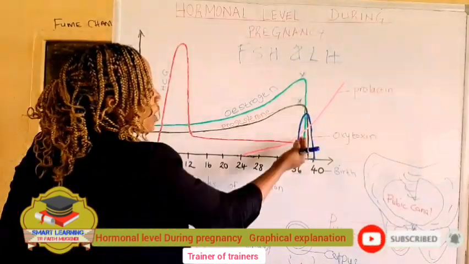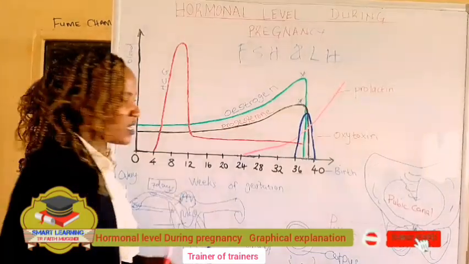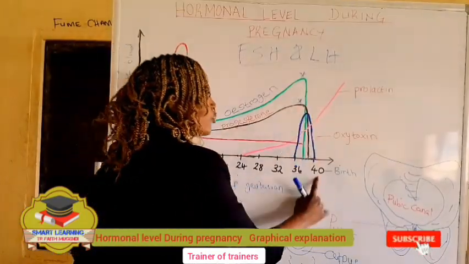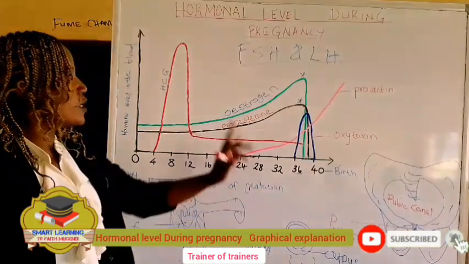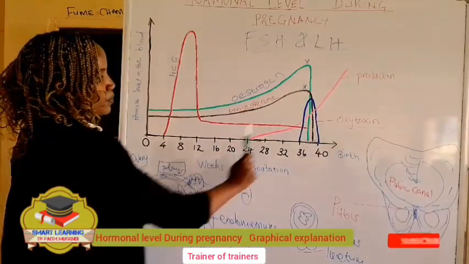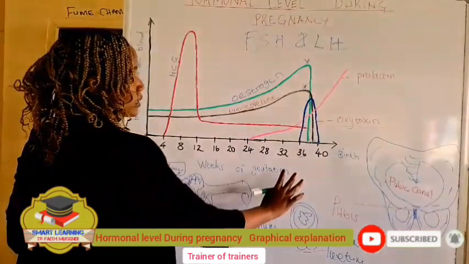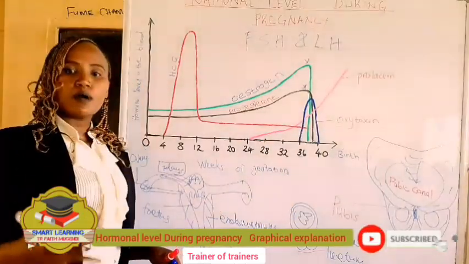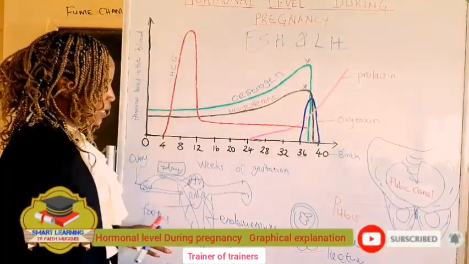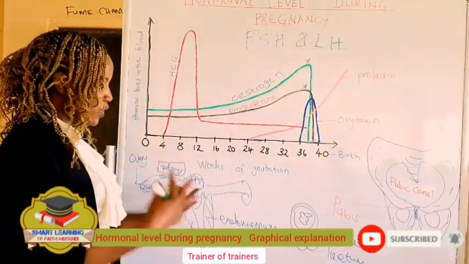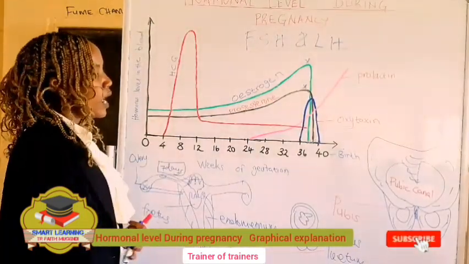So birth can take place at any given point between the 36th and the 40th week of gestation. So the placenta produces oxytocin. Oxytocin's purpose is just to bring about labor pain. And labor pain is the contraction of endometrial muscles so that the baby is pushed out.